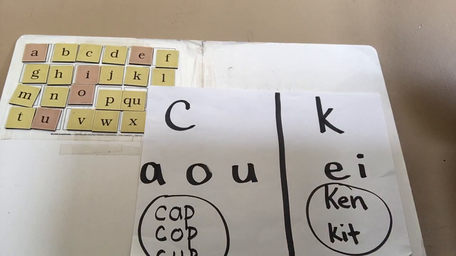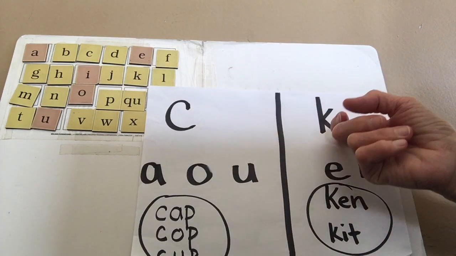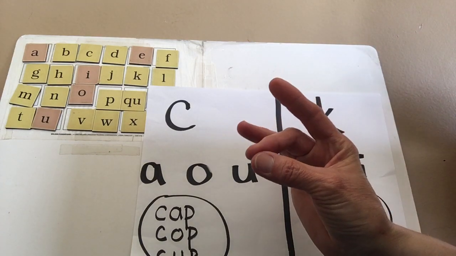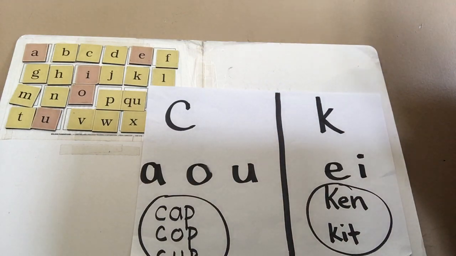Cut. Well, we know the beginning sound is, that's right, it's K. But what's the letter? C or K? Well, we're going to listen to the vowel sound. So, K, what's the vowel? That's right, it's short U. Where do you see U on the chart?